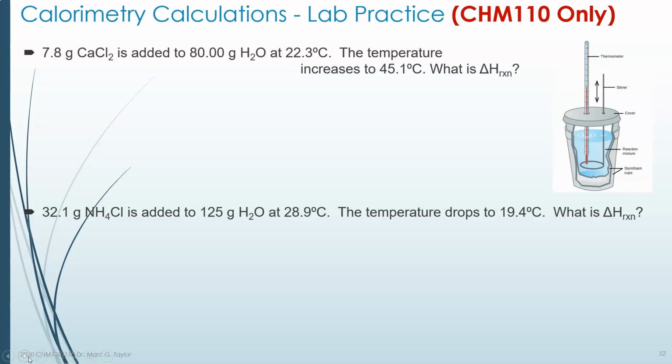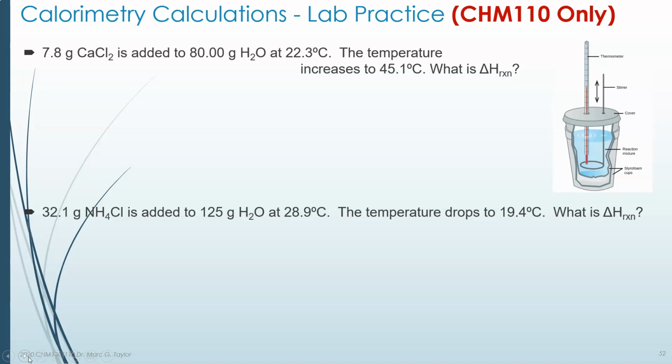So calcium chloride in water will release heat, and you can see in this case 7.8 grams of calcium chloride is added to 80.00 grams of water at 22.3 degrees Celsius, and the temperature increases to 45.1 degrees Celsius.